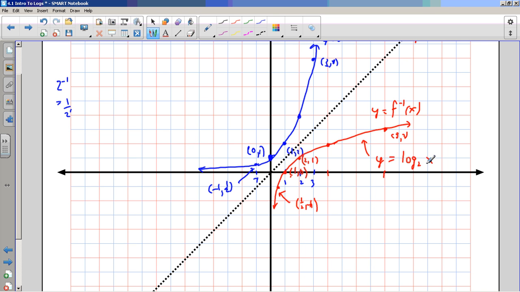And we show the base of a log function as a subscript. So if I were writing this nicely, the 2 isn't at ground level, it's a subscript, down here. And that's how we show the base.